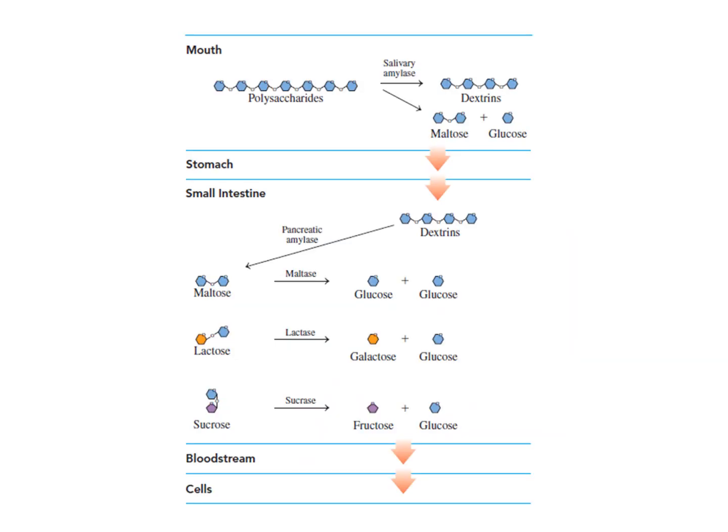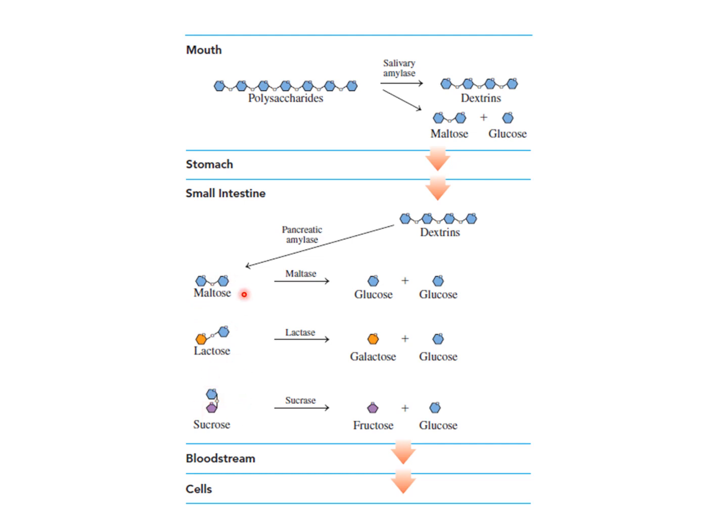Now, what happens to the food that we ingest? Through the mouth, these complex polysaccharides or complex carbohydrates will be digested via salivary amylase as well as pancreatic amylase into dextrin and also different disaccharides such as maltose, lactose, and sucrose.